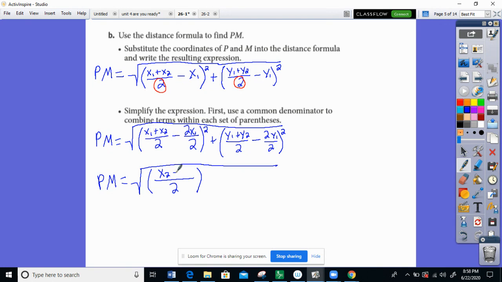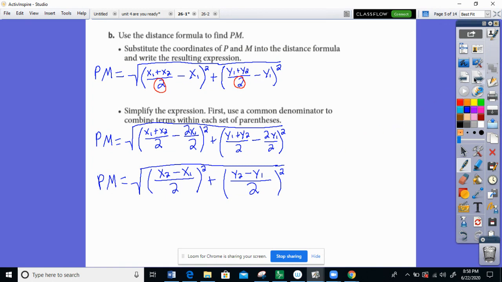That's going to be negative x1, but we don't really need to put a 1 right there. All of that is squared, plus we end up getting the same thing with the y's: (y2 minus y1) divided by 2, squared.